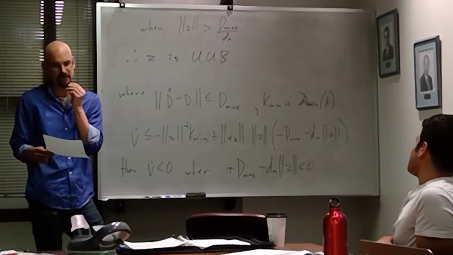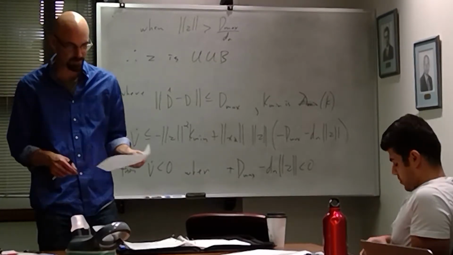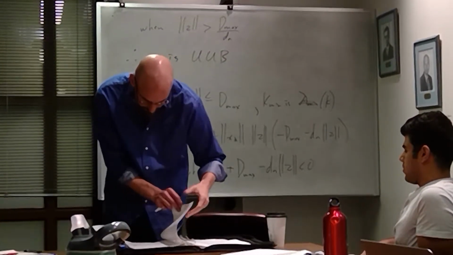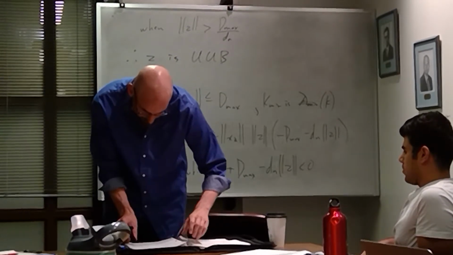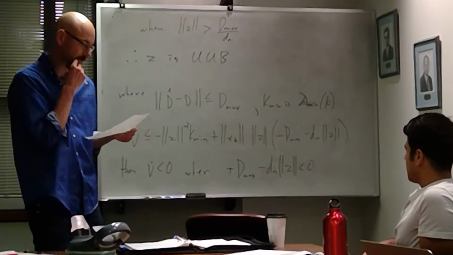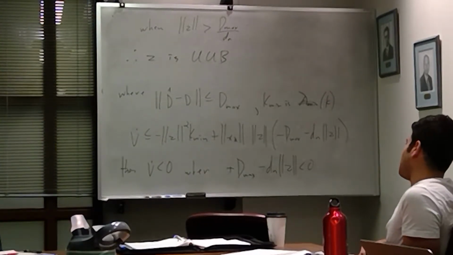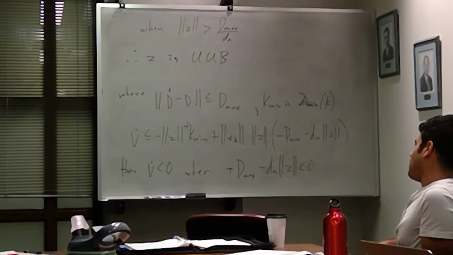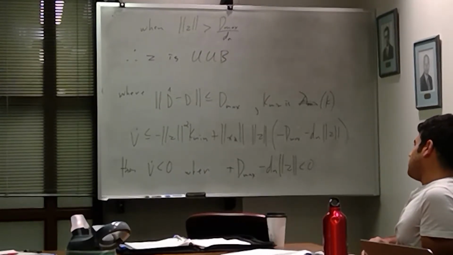So basically, those are your two methods for designing a robust control. So any questions about robust control? Those are the two basic approaches.